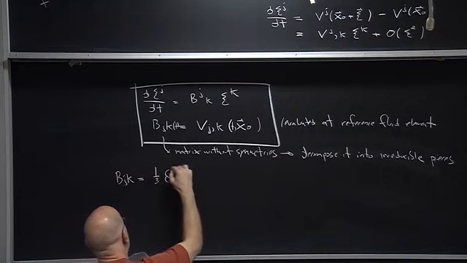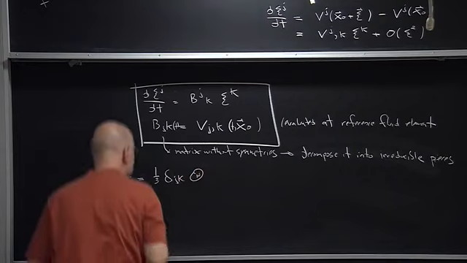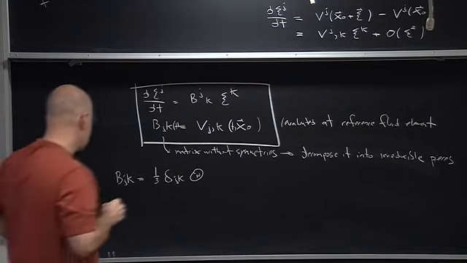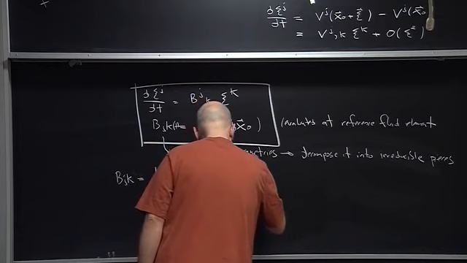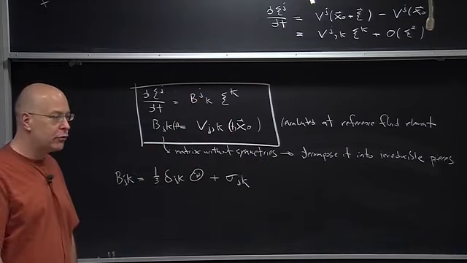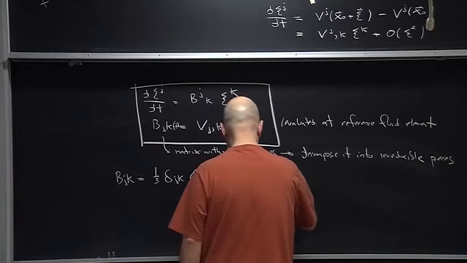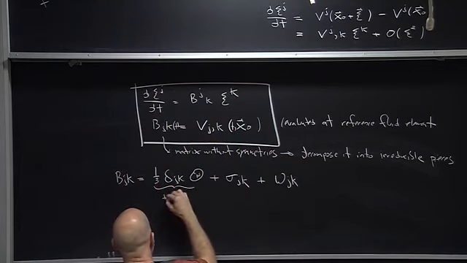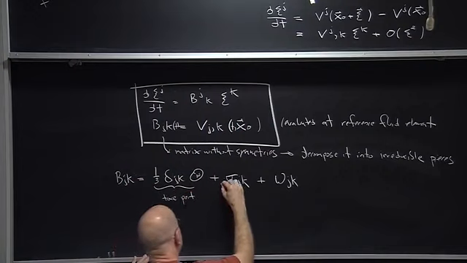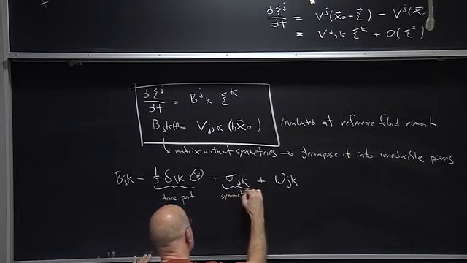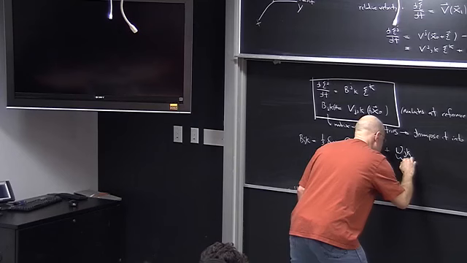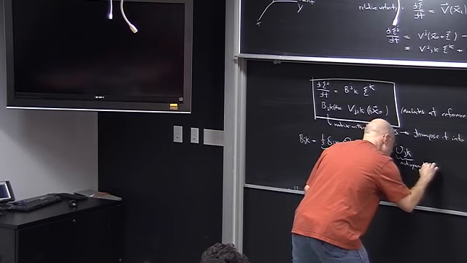I'm going to break it down into something that's purely diagonal, which I'll call the trace part, something else that I'll call the symmetric trace-free part, and an antisymmetric part, omega_jk.